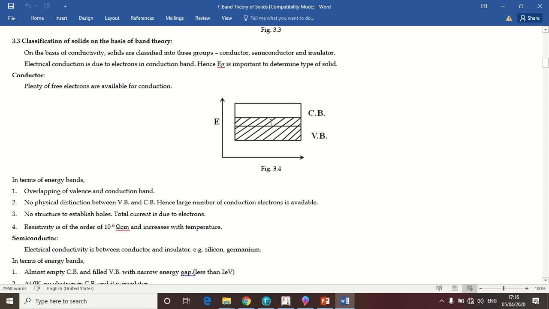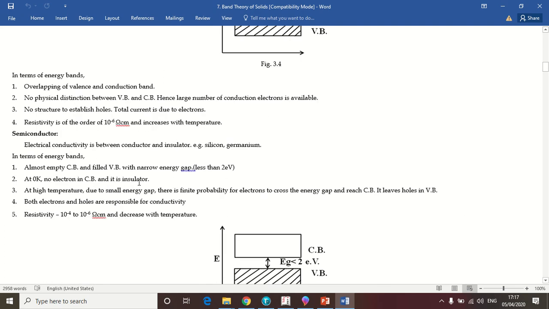Why? Because as the temperature increases, these electrons become more active. They start to vibrate, and due to vibration they collide with each other. As they collide, they lose their path, and therefore resistivity increases.